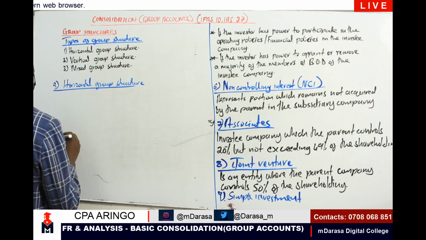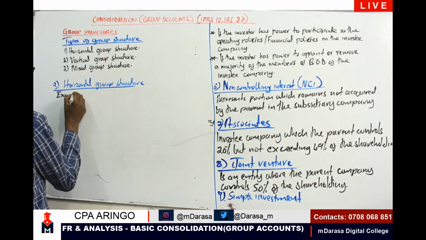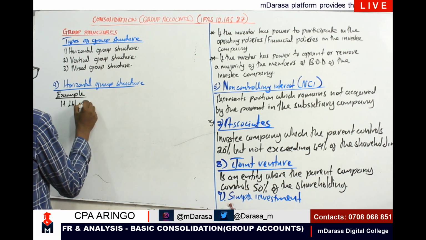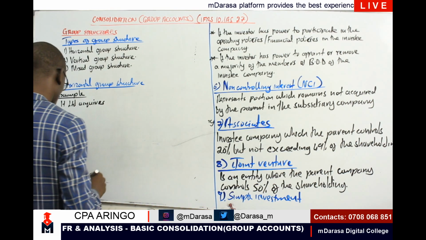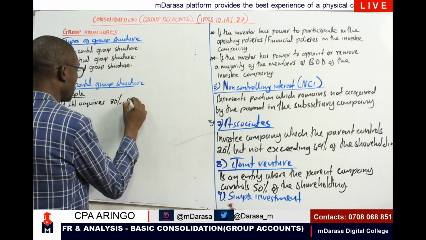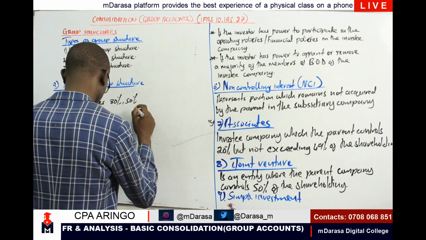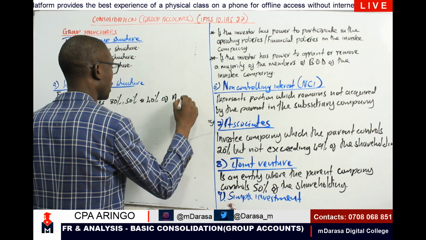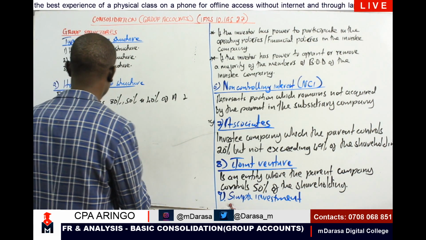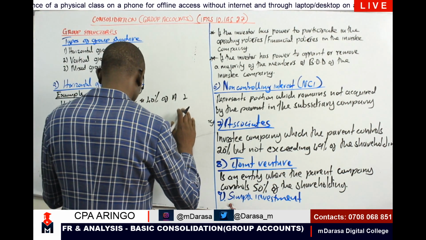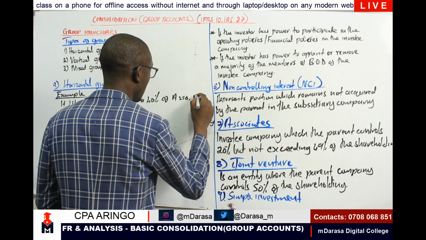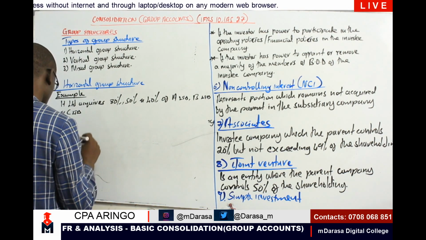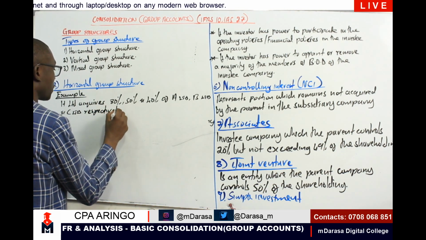Maybe we are told that H Limited acquires 80%, 50%, and 40% of A Limited, B Limited, and C Limited respectively.